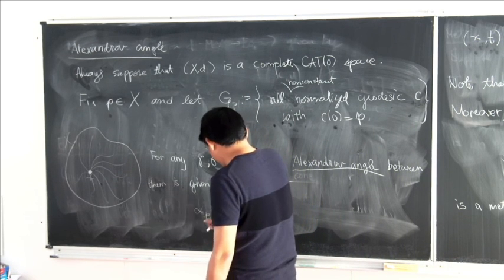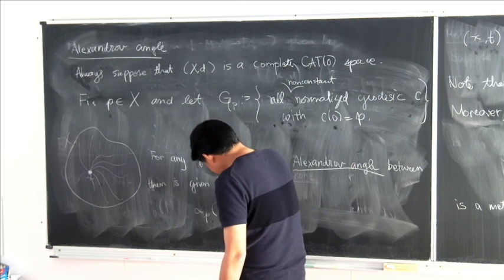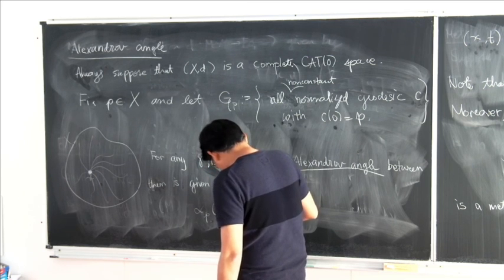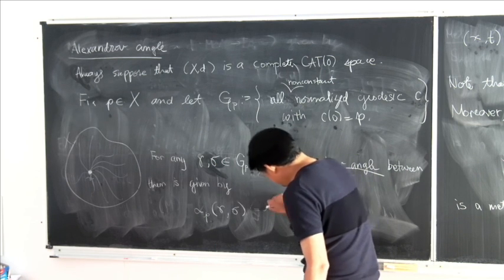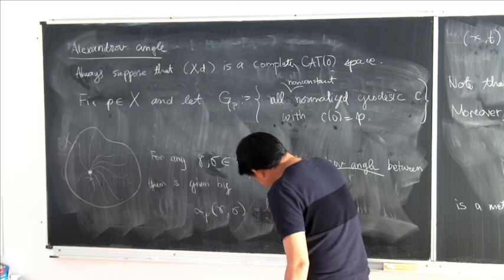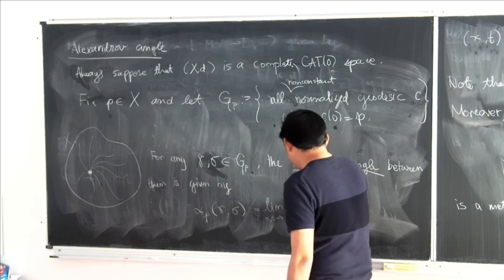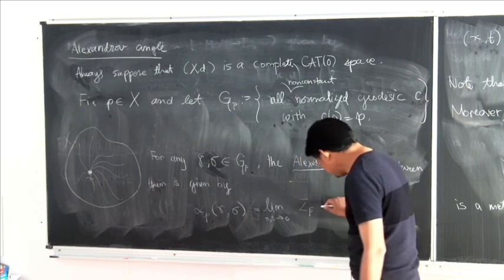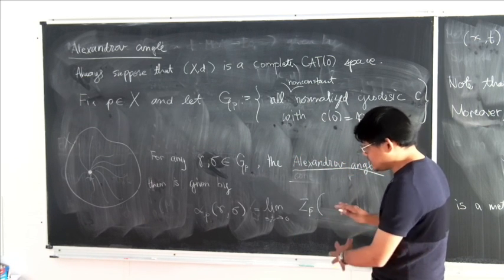So alpha P between gamma and sigma is defined by the limit as S and T tend to 0 of this. I will state later what this is, okay?